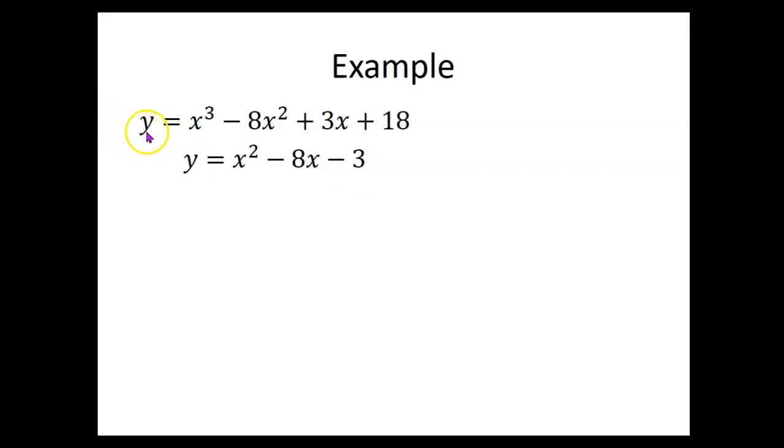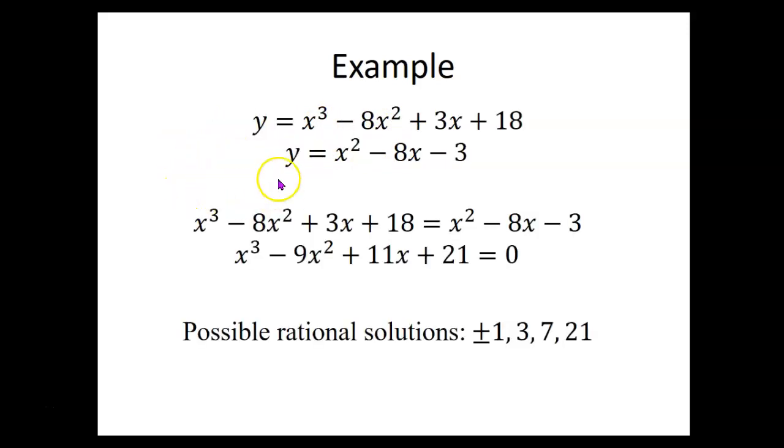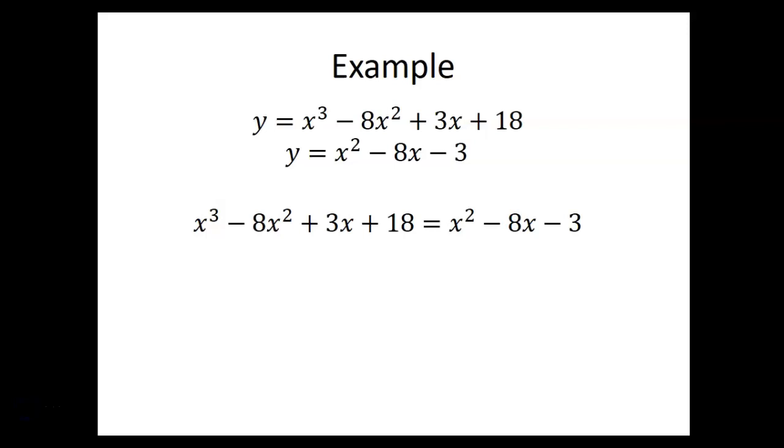Let's make a substitution. Let's stick in what y is equal to in place of y, and then we get the equation x cubed minus 8x squared plus 3x plus 18 equals x squared minus 8x minus 3.